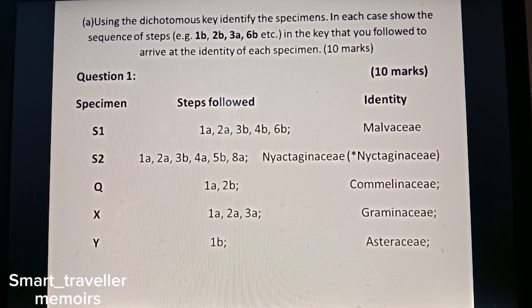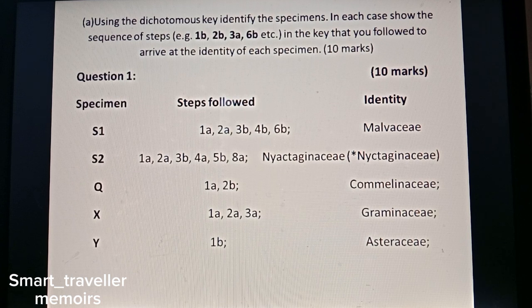Using the dichotomous key, identify the specimen. In each case, show the sequence of steps, 1B, 2A, 3A, 6B, etc., in the key that you followed to arrive at the identity of the specimen. Here you get 10 marks.